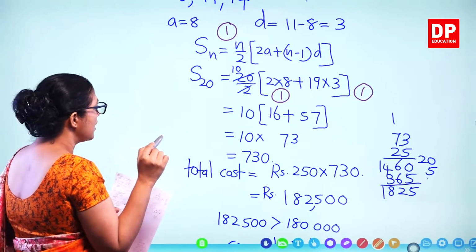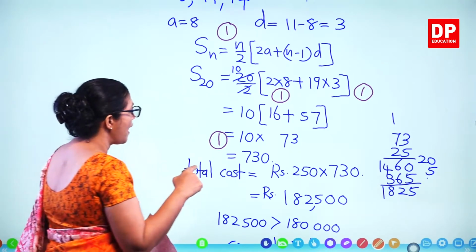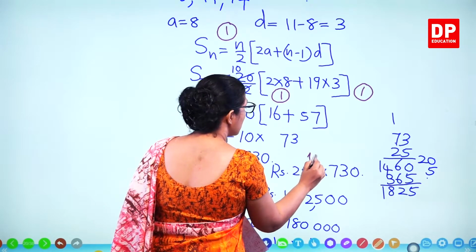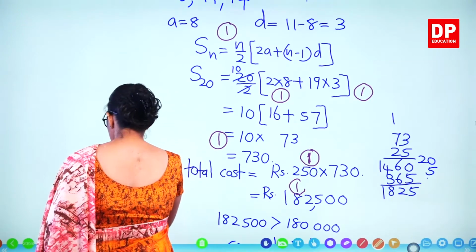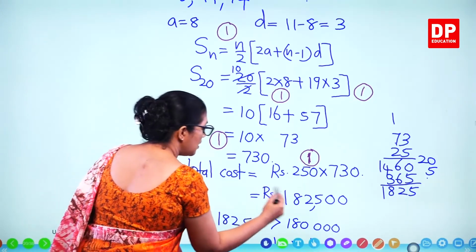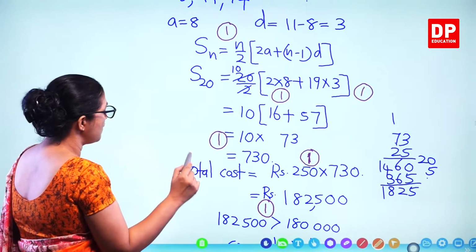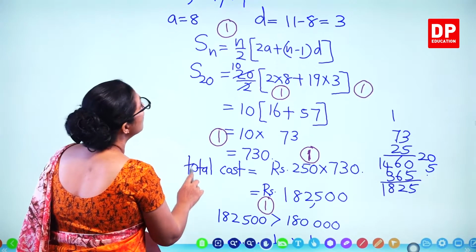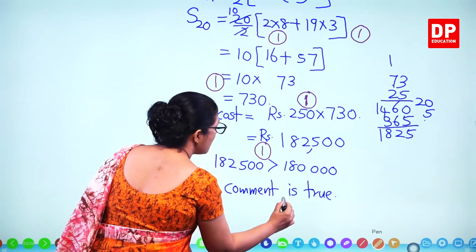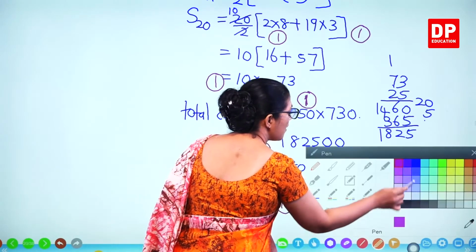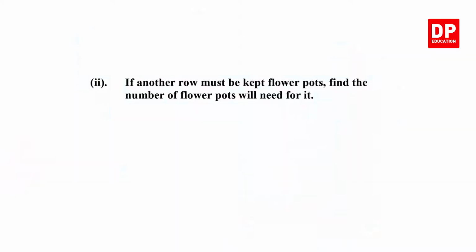So 3, 4 for the final value, and total cost 6, and final statement, 1 mark. 1, 2, 3, 4, 5, 6, and we can give another 1 mark for checking whether the statement is true. 7 marks altogether.